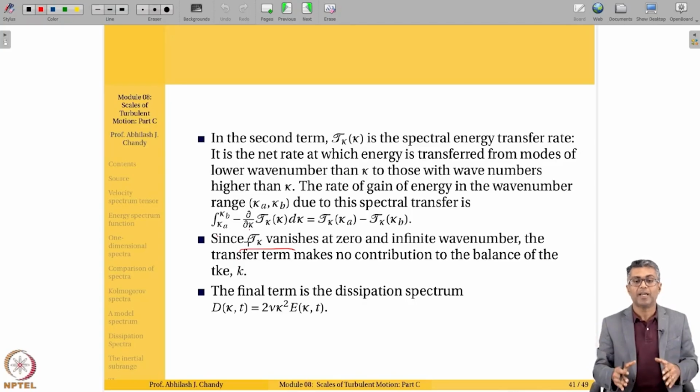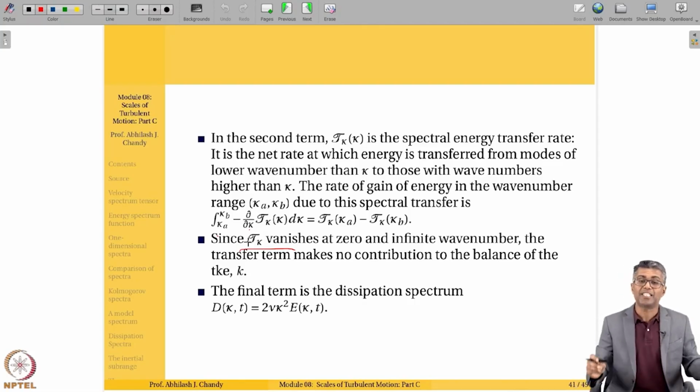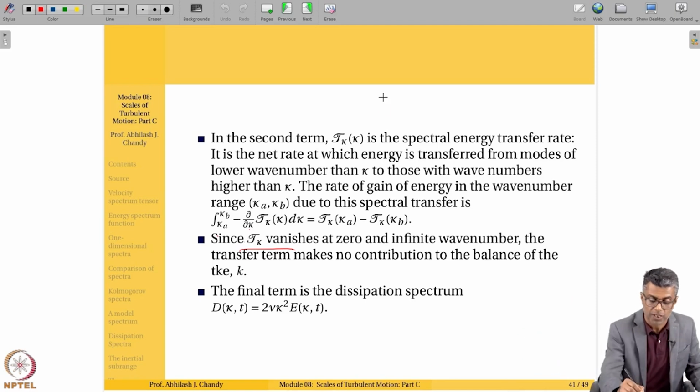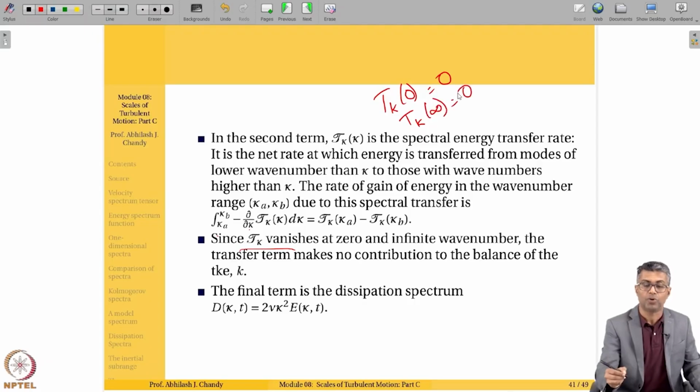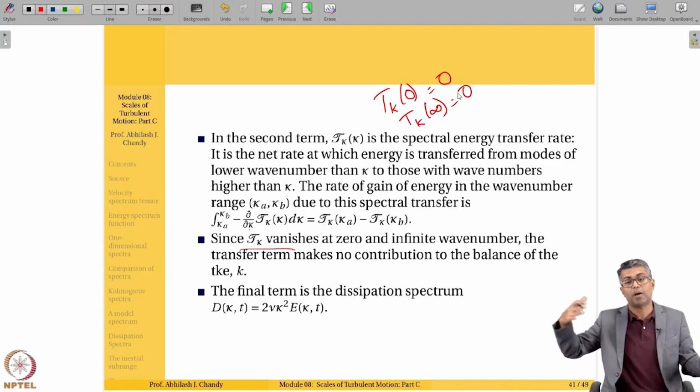So essentially, the transfer has no contribution to the total turbulent kinetic energy. Doesn't that make sense? Because T of 0 is 0 and T of infinity is 0. T kappa at 0 is 0 and T kappa at infinity is 0 because there are no scales below 0 and there are no scales above infinity.